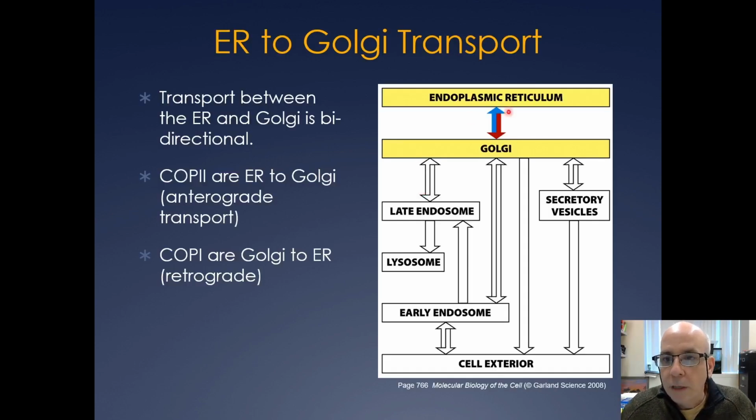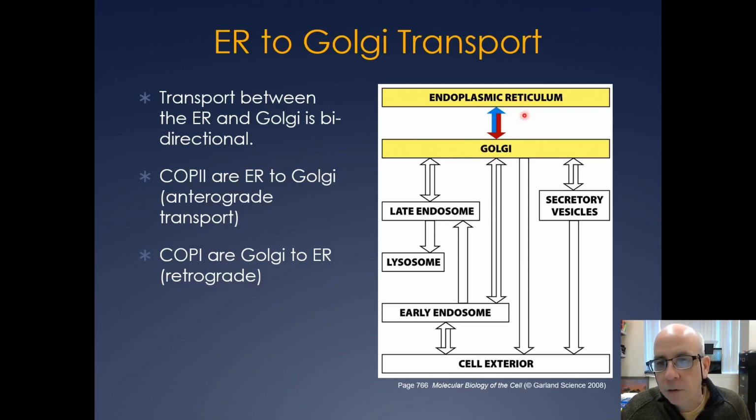Okay, so like I said, in this part of the lecture, we're going to really focus on the bidirectional transport between the endoplasmic reticulum and the Golgi apparatus. Two terms you need to know are forward transport, which is called anterograde transport, and retrograde transport, which is the retrieval of things from the Golgi to the endoplasmic reticulum, right?